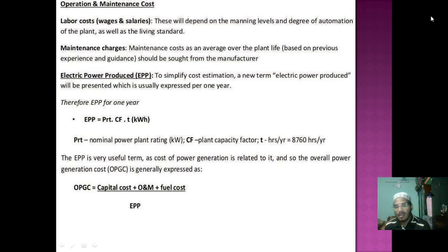Capital cost plus operation and maintenance cost plus fuel cost, divided by the EPP, electric power produced. Then we can know how much cost we have spent to generate the power for the whole year.